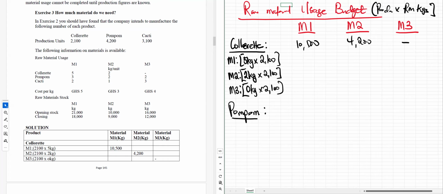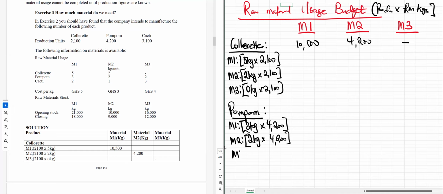Now for Pom-pom, for material M1, we are using 3 kg, right? But we are producing 4,200. Material M2: how many kgs? You are the one going to write, so that's why I want you to be giving me the figures. I don't want to be picking them myself. 2 kgs, by the same 4,200.